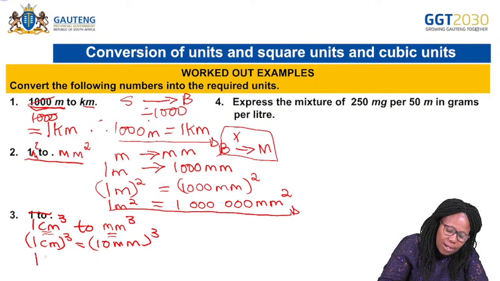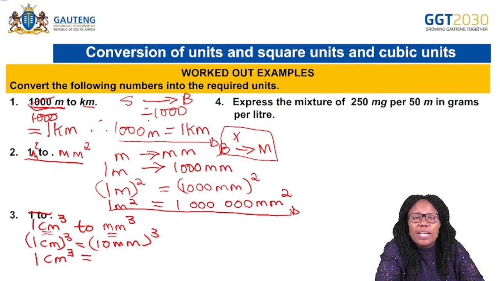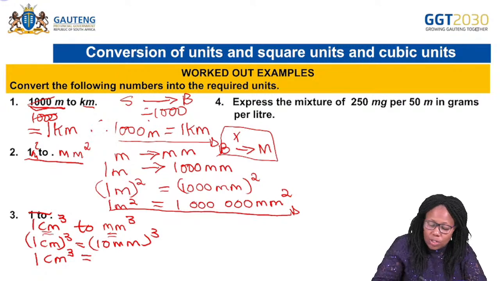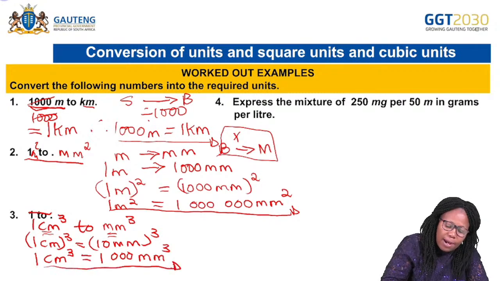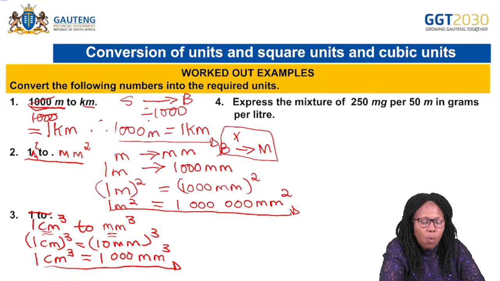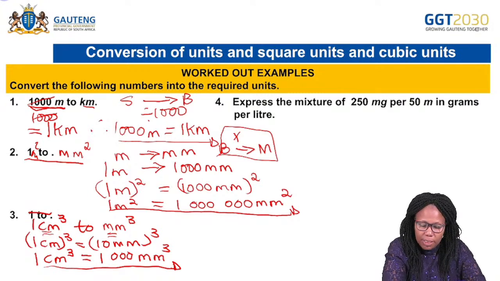It will be 1 cubic centimeter, which is equal to, you start by cubing a 10. 10 to the power 3 is equal to 1,000. Okay, it's 1 with 3 zeros, and therefore it will be in cubic millimeters. Therefore, we have now arrived at our answer. 1 cubic centimeter is equal to 1,000 cubic millimeters, grade 12.